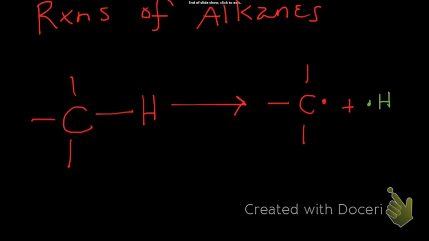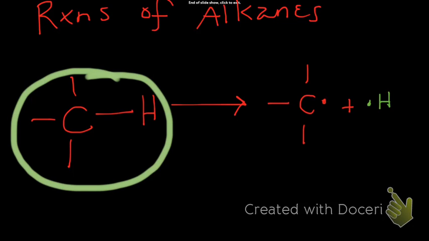Now if we think about the reactions of an alkane, in this instance I have a generic carbon-hydrogen bond. There are 3 of these bonds that I haven't specified, and then the 4th bond is between a carbon and a hydrogen.